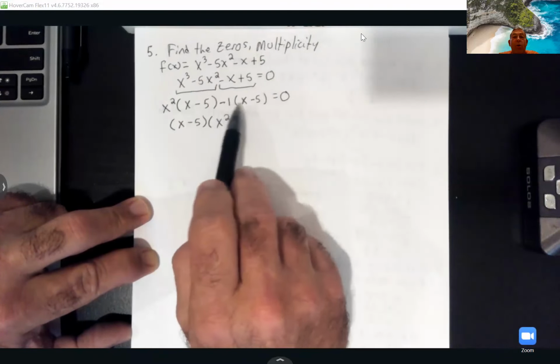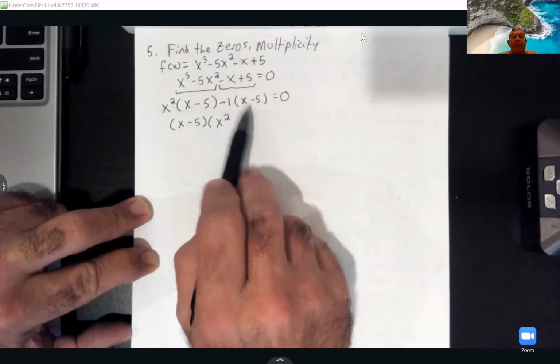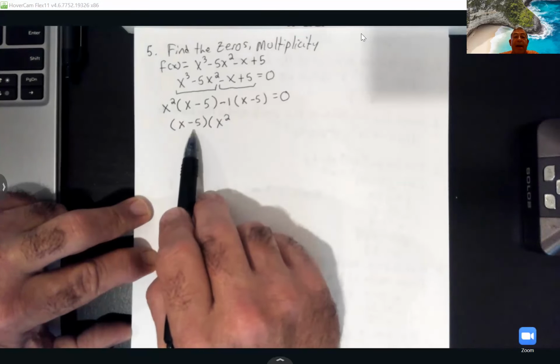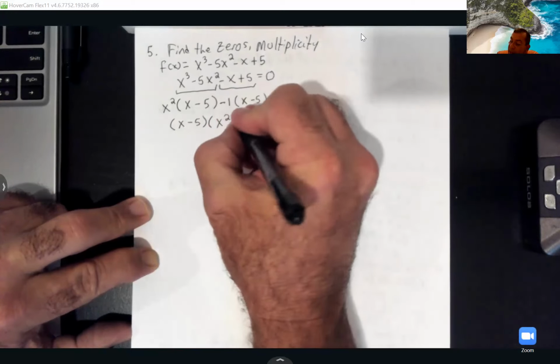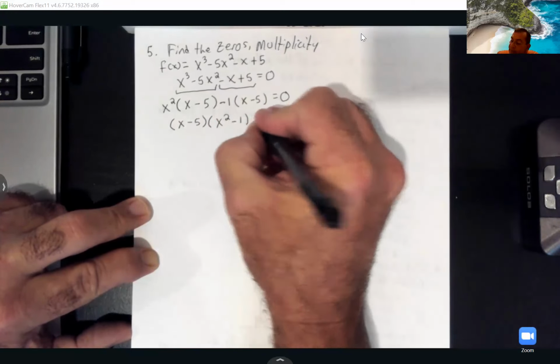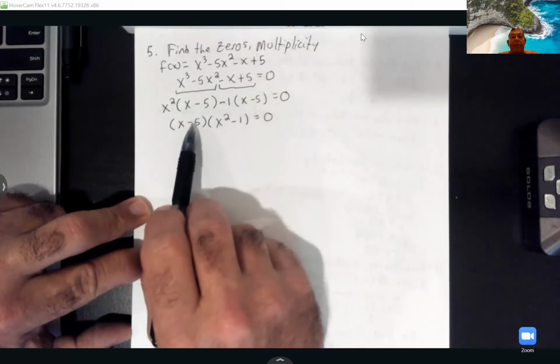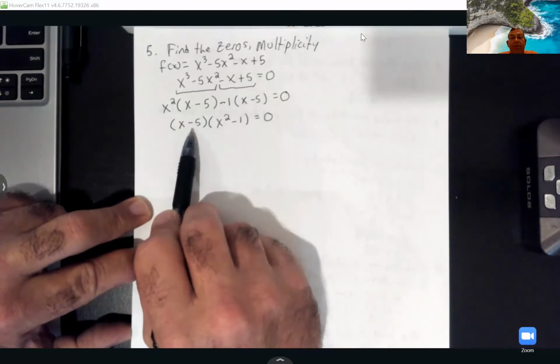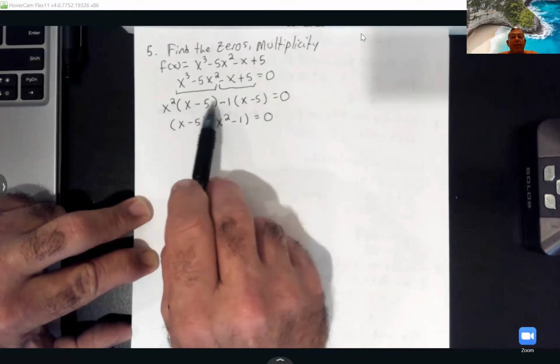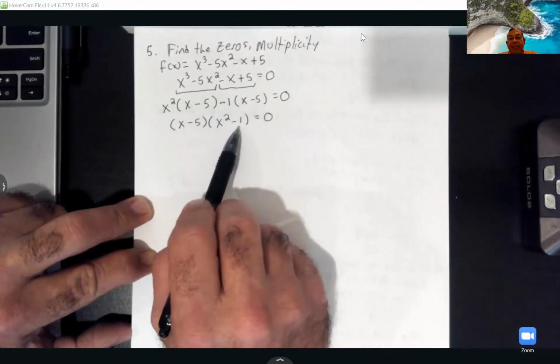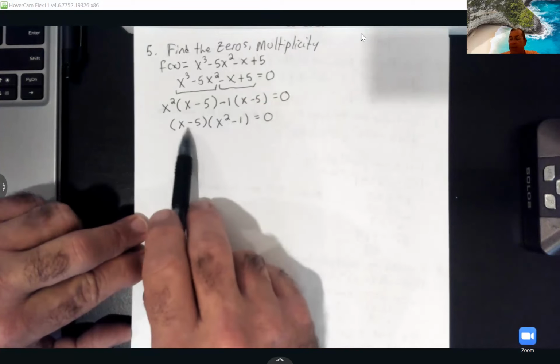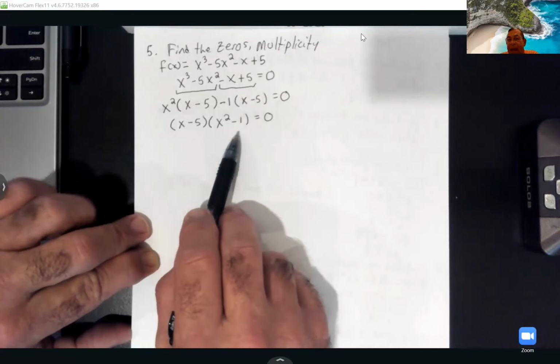And then the -1 times x minus 5, if you divide that by x minus 5, you get the -1. So it's sort of like the 2 things in parentheses make up 1 parentheses on the final answer. The 2 things on the outside make up this second parentheses. So now we've got it factored.